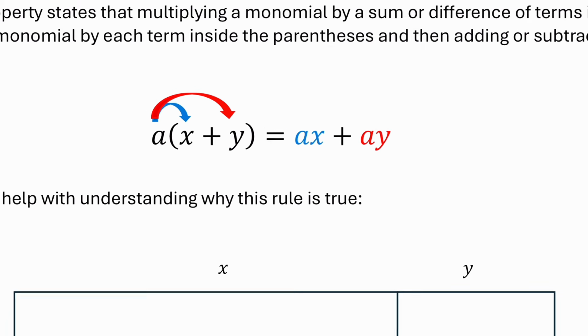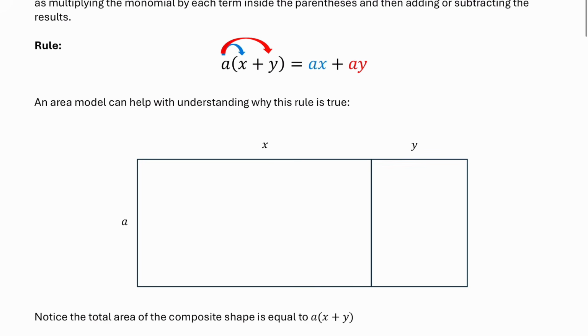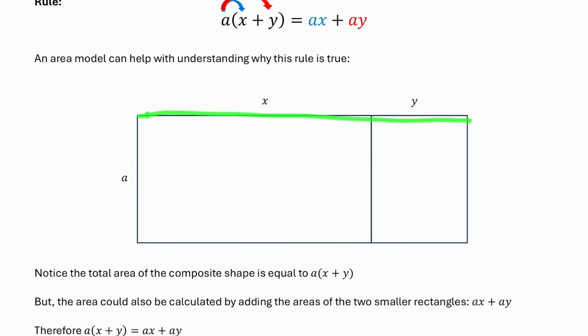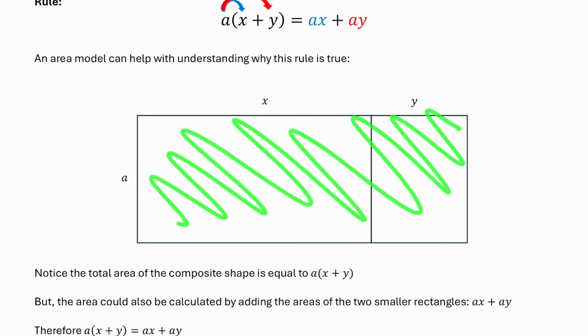And let me give you a geometric representation of why a times x plus y is equivalent to a times x plus a times y. What we have here is this large rectangle. Notice the area of that rectangle would be its length, a, times its width, which is x plus y. So the area of this whole shape would be a times x plus y, its length times its width.